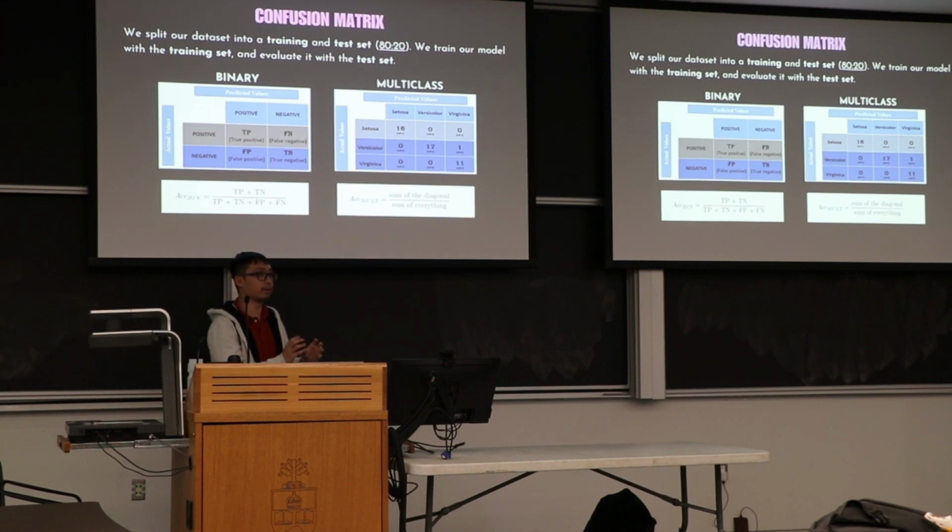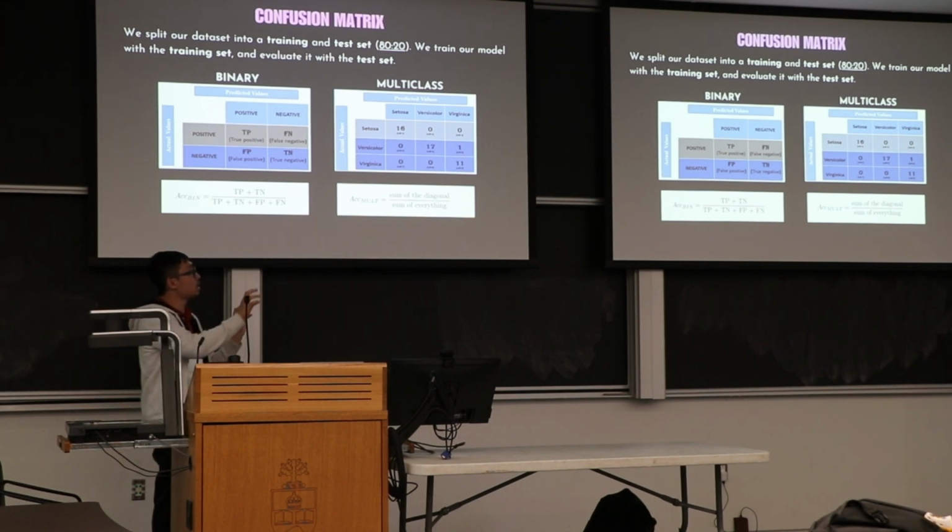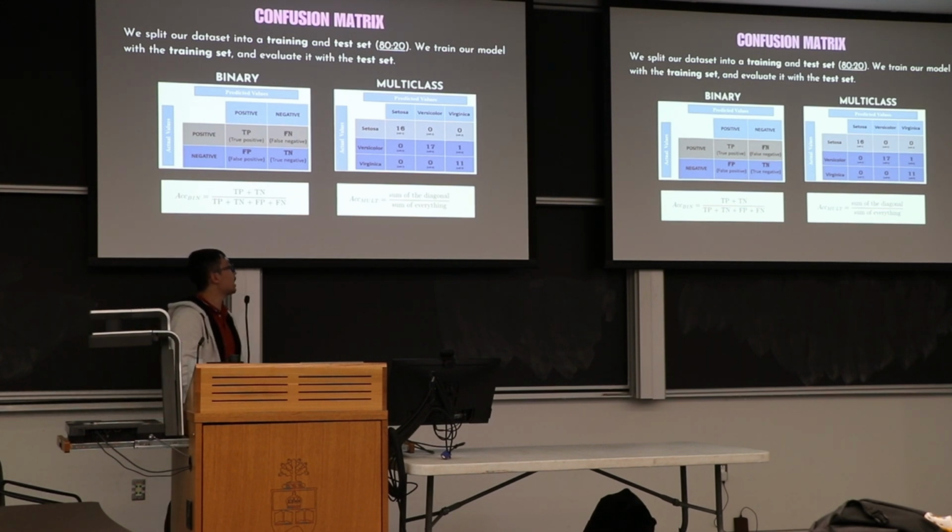That's exactly what you want. However, everything else in the off-diagonal is a mismatch, so you predicted incorrectly. To calculate the accuracy of your model, we take the sum of the diagonal divided by everything in the matrix.